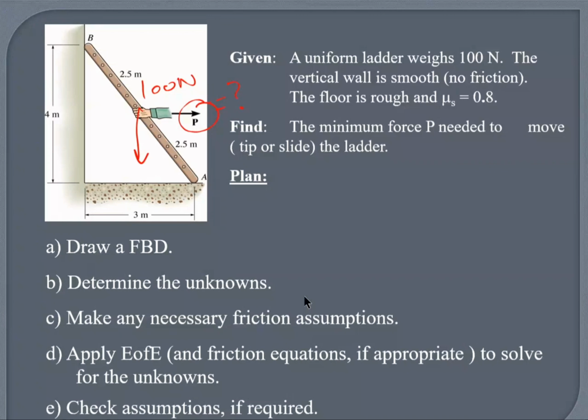Okay, sorry. Sir, so P and FA are both same. They are coming out with 75, and the maximum friction calculated by mu(SN) is 80. Okay, just a second.